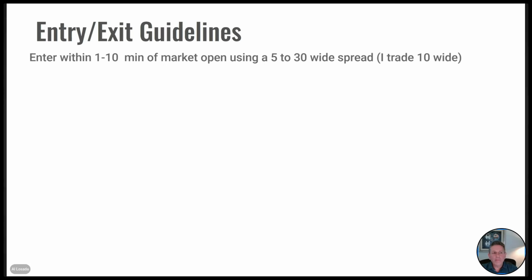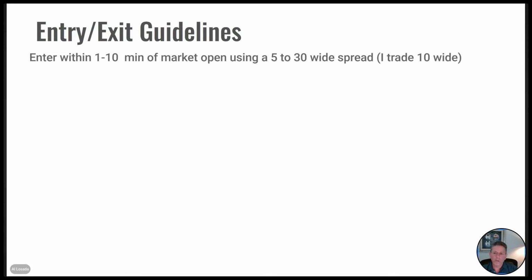When I enter a trade, I enter it within 1 to 10 minutes, and very rarely do I go to 10 minutes. Sometimes I'm pretty confident where the market's going to go at a certain time, and I'll wait for that trade to come in. That's one of the only things I do to wait a little bit to get into a trade.